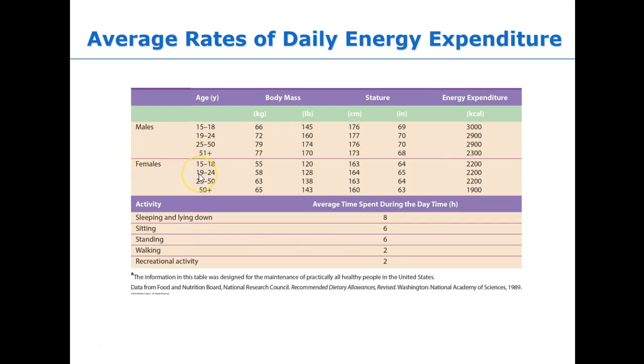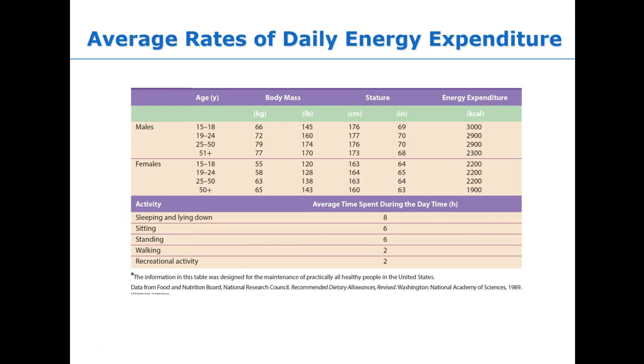So your average high school female that's, let's say, 16 years old, that weighs right around 120 pounds, is about 64 inches tall. Usually they're needing to intake no more than 2,200 calories in a day.